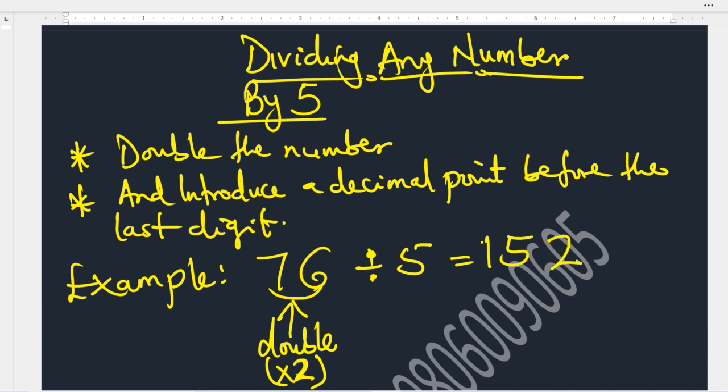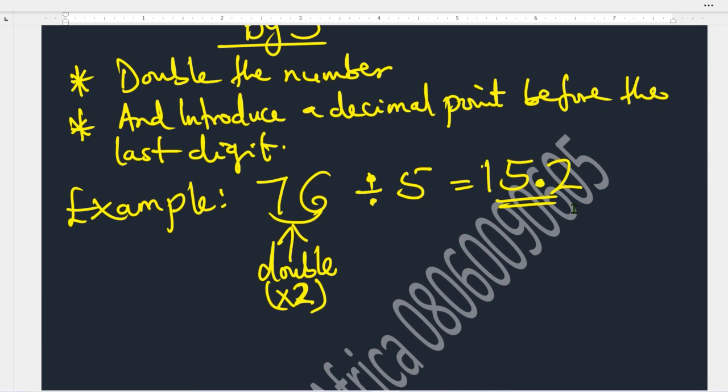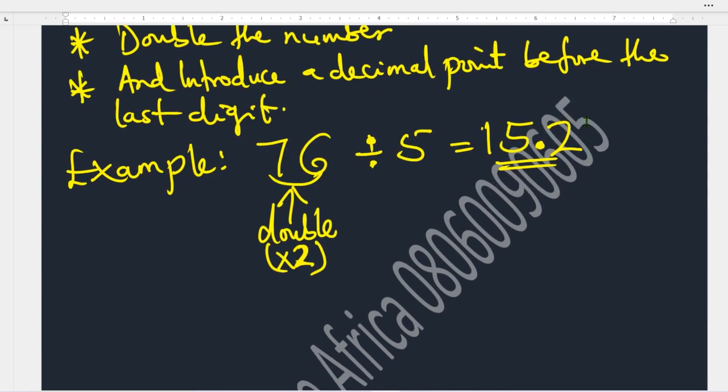So we have doubled it. Then introduce the decimal point before the last digit. The last digit is 2. So you're going to place the decimal point before 2. So it means 76 divided by 5 is equal to 15.2.